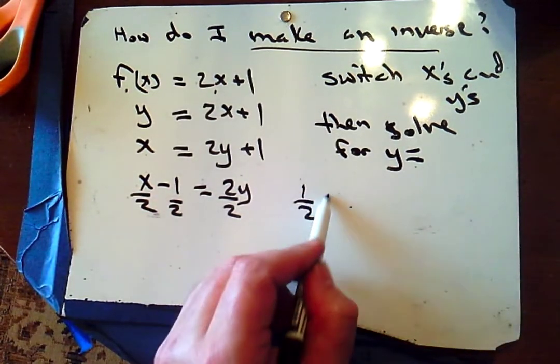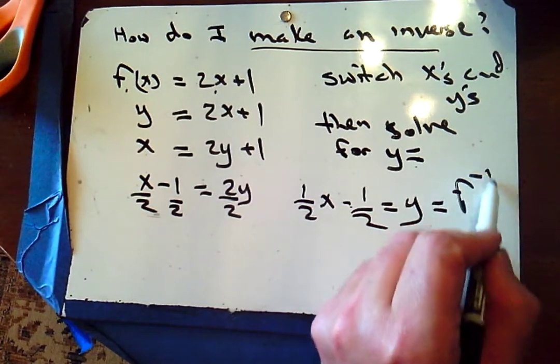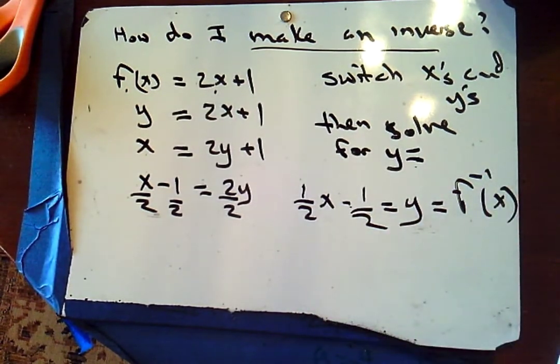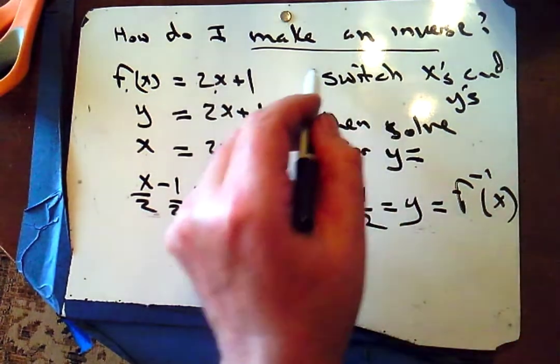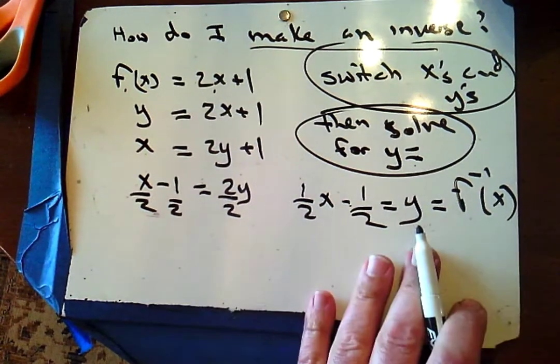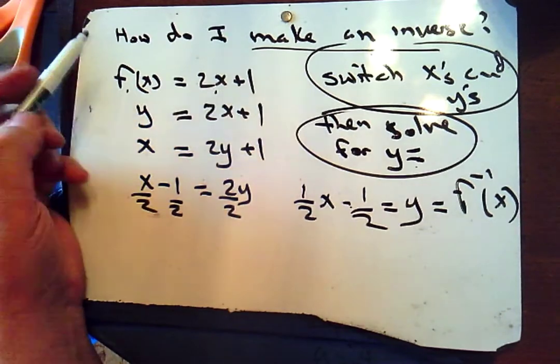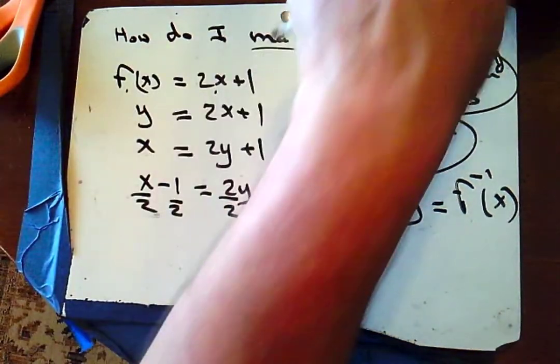So I get 1/2 x minus 1/2 equals y, and that's what my inverse function will be. Okay? All right, so switch the x's and y's and solve for y is one way to make an inverse. It's the way I would make an inverse by using algebra, okay?